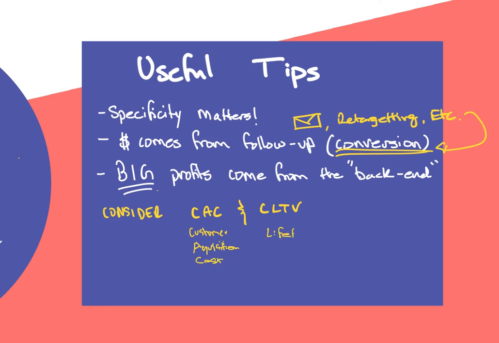And if you understand those things going into your pursuit of running highly profitable ads, you'll be in a much better position from a mental and strategic standpoint to create a funnel that allows you to succeed.